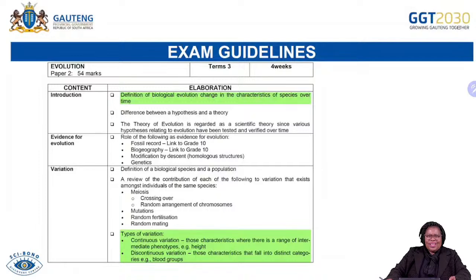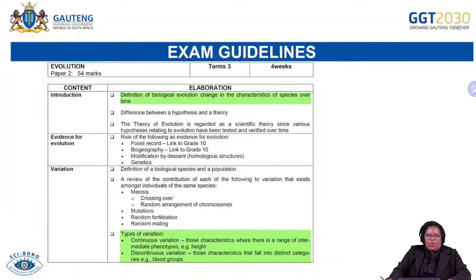You can use it as your hymn book, because everything that is on this exam guideline is examinable. The topic for today is Introduction to Evolution, and this takes 54 marks of paper 2. So you really need these marks.